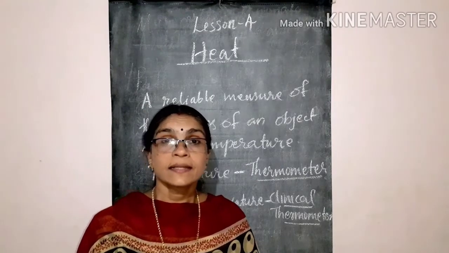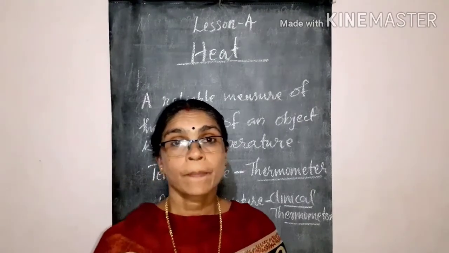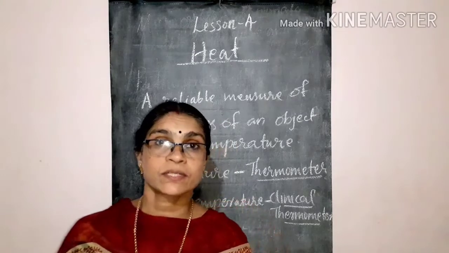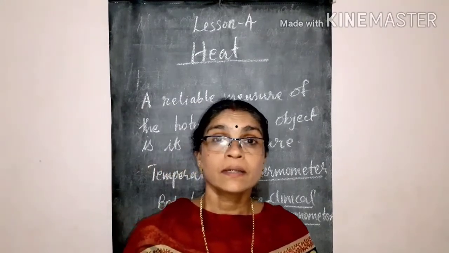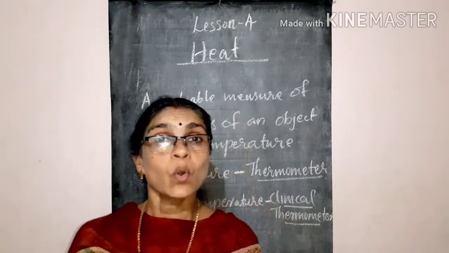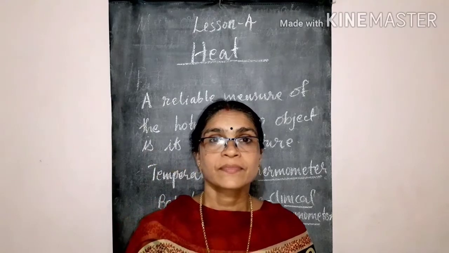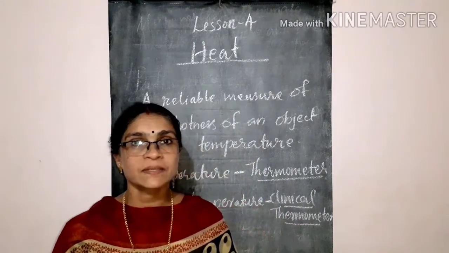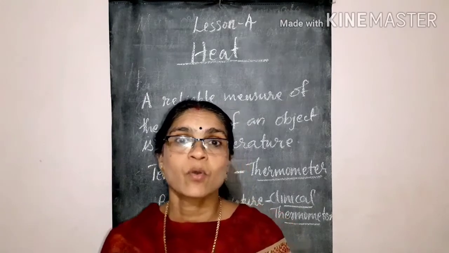We can see that some objects are cold, some are hot, some are hotter than the other, and some objects are colder than the other. You have to list some common items, whether it is hot and cold.